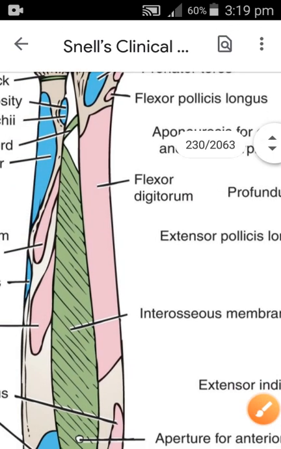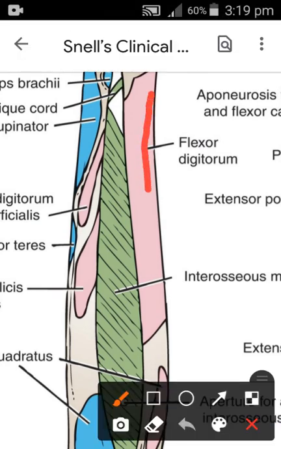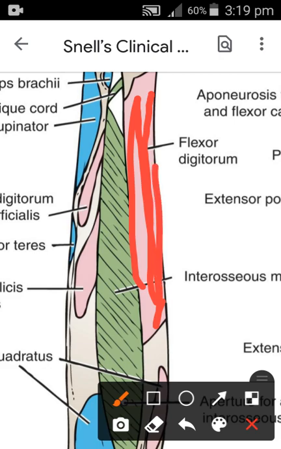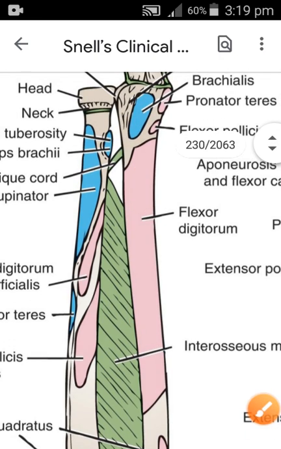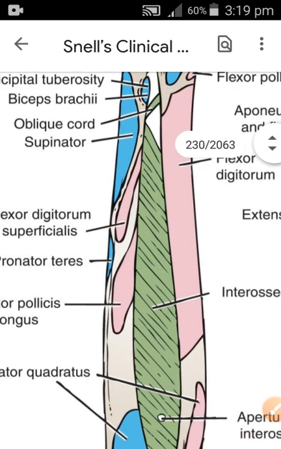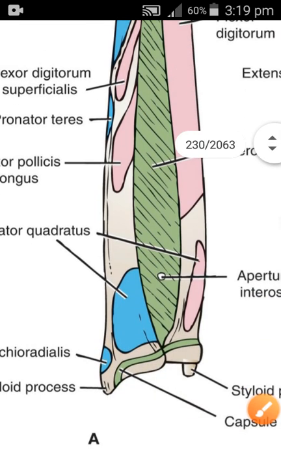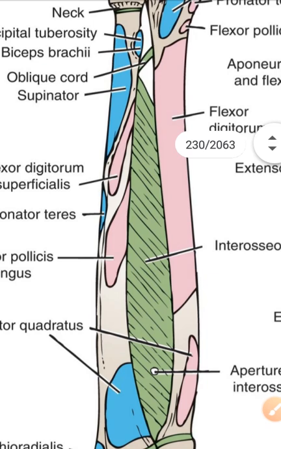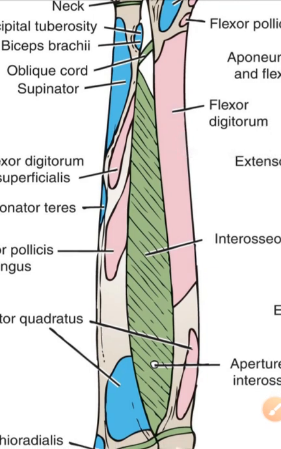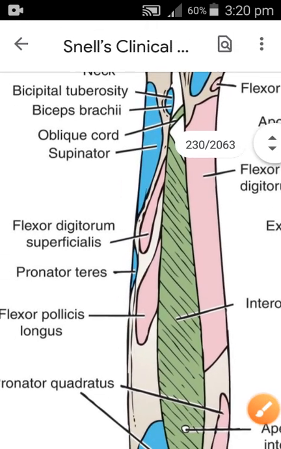It is attached on the anterior surface of the shaft of the ulna, while the flexor digitorum superficialis is attached on the oblique line, which is present on the anterior surface of the shaft of the radius. This is the oblique line, and this is the radial head of the flexor digitorum superficialis.